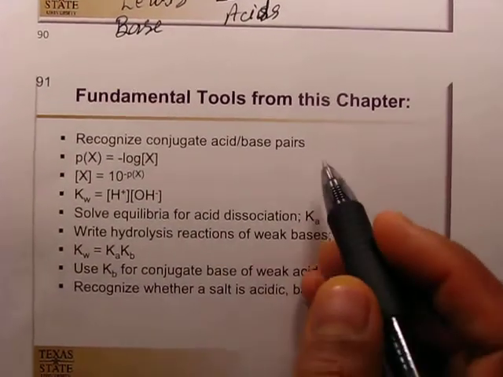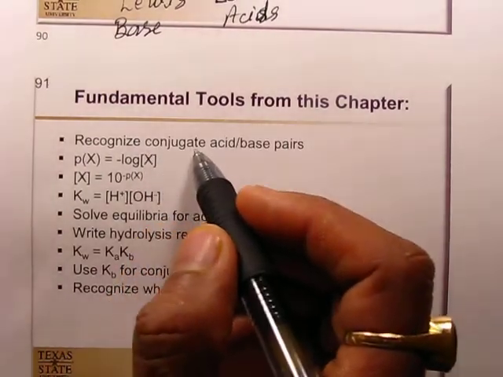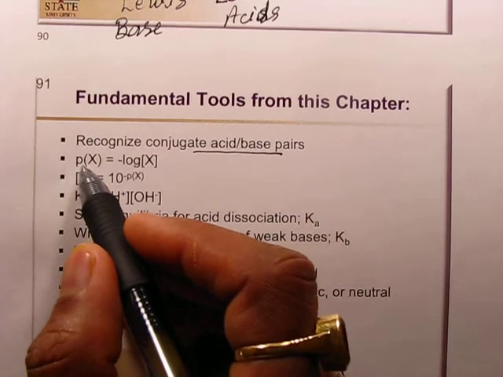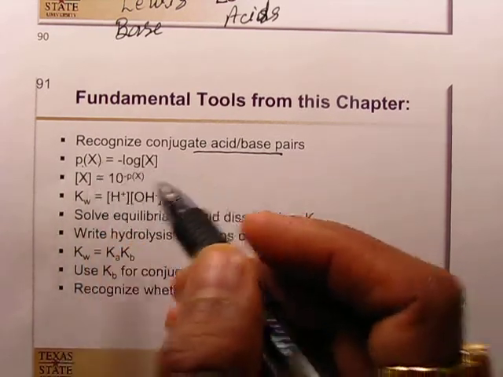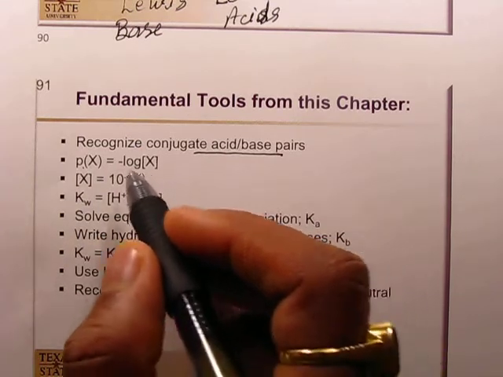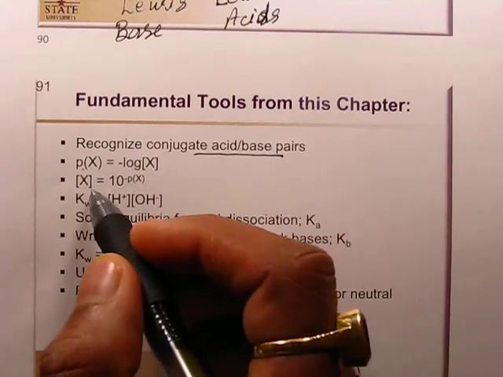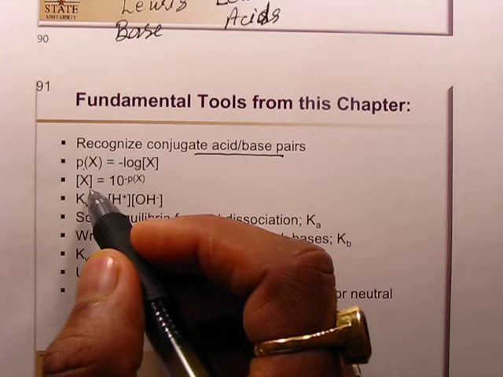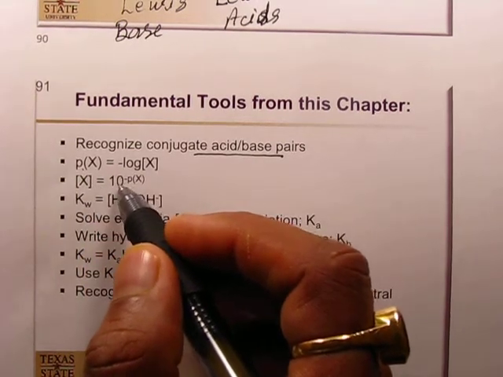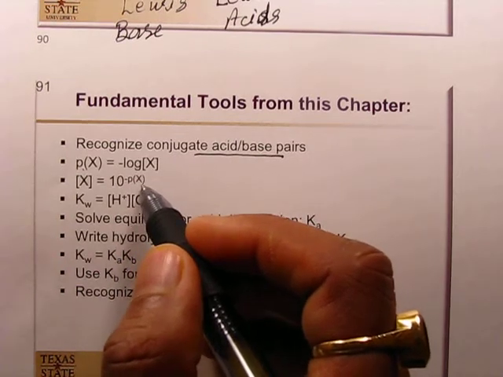the fundamental tools of this chapter. Recognize conjugate acid base pairs. pH, pX, pOH can all be calculated by taking the negative log, and if we know the hydrogen ion concentration or X concentration, we can take 10 raised to the power minus pX or pH.